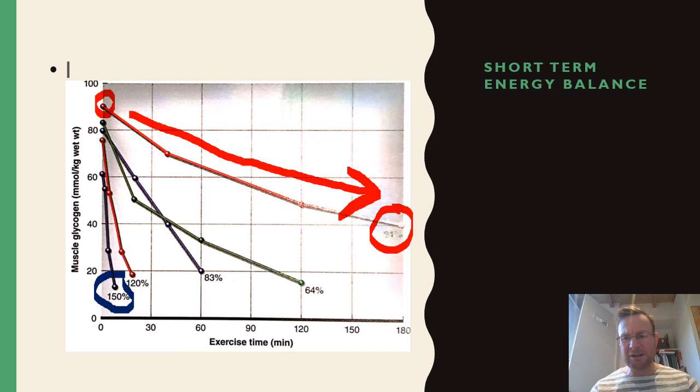But where we have intermittent exercise like football, because you've got these repeated bursts of activity, we use glycogen at a higher rate, and energy balance becomes much more critical for those feelings of fatigue particularly. So this is why it's important to have things like carbohydrate feedings at half time and also during the match whenever possible. It's important to come into the exercise with fully stocked glycogen stores.